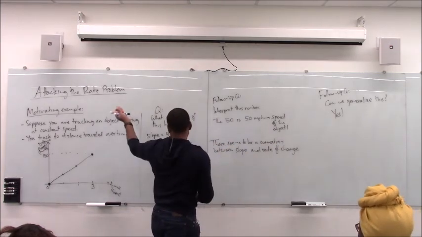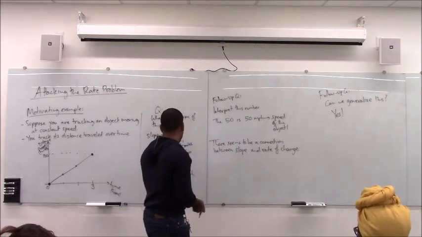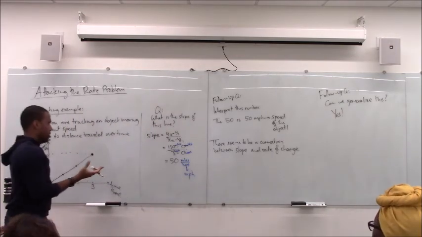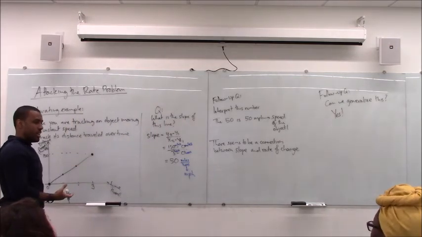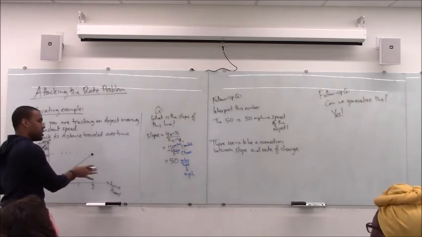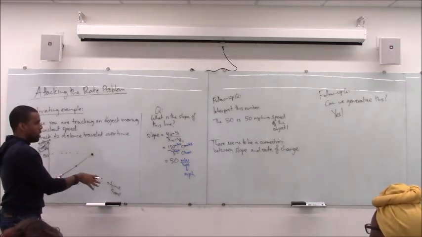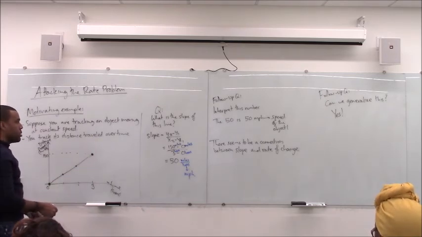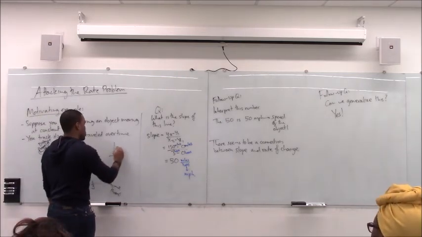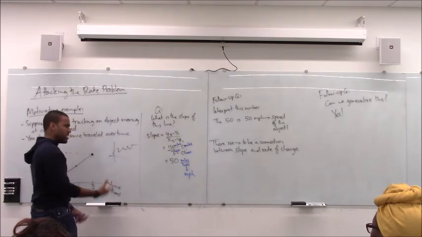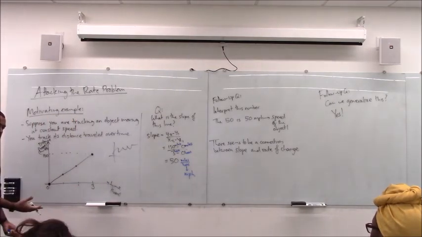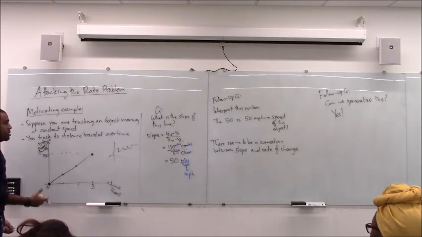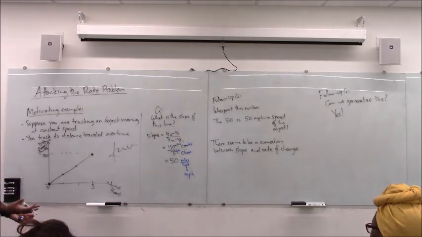Turns out that solving the rate problem comes down to generalizing this idea that I just mentioned. This is the very simplistic, basic case. And what we want to do is apply this case to more complicated examples. Like what if it wasn't a straight line? What if it was just some crazy function? Could I still do the same kind of examination? And the answer is yes, some of the times.